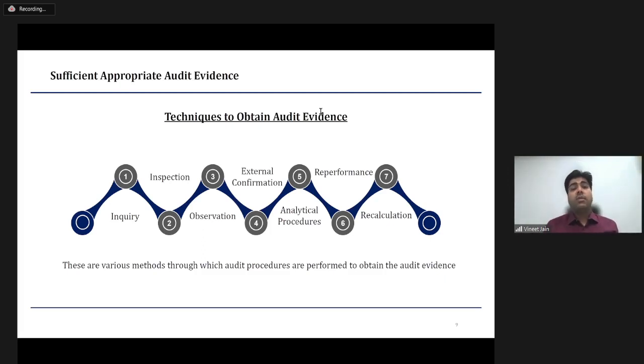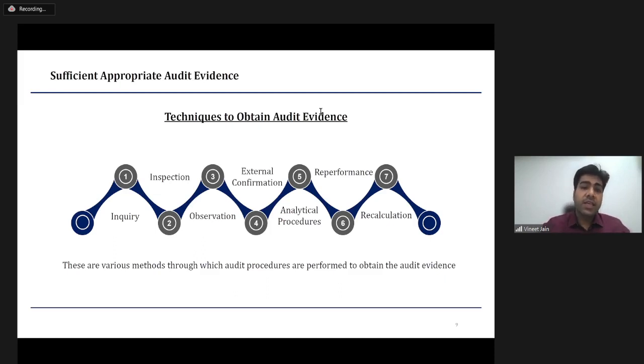And through inspection, we came to know, okay, there is a difference between the balance as per books and as per the external confirmation. Then we went to the management or the concerned officials of the company and we talked about such differences. And we inquired about why such differences are arising. Here, the inquiry aspect gets involved in gathering the audit evidence.